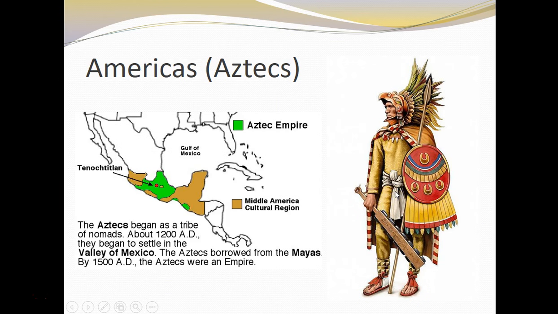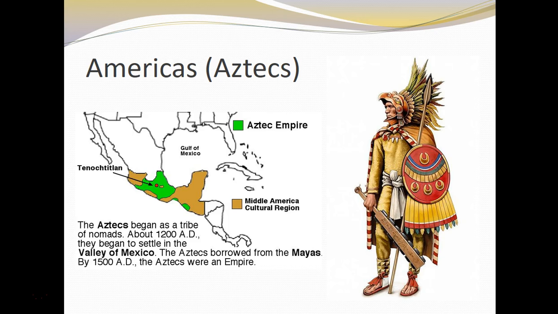Same thing with the Aztecs. Here's the Yucatan Peninsula where the Mayans were. There's the Aztecs a little bit to the west, in modern-day Mexico. Around 1325 to 1519 or so. Much more warlike people than the Mayans. They had writing, a complex religion.